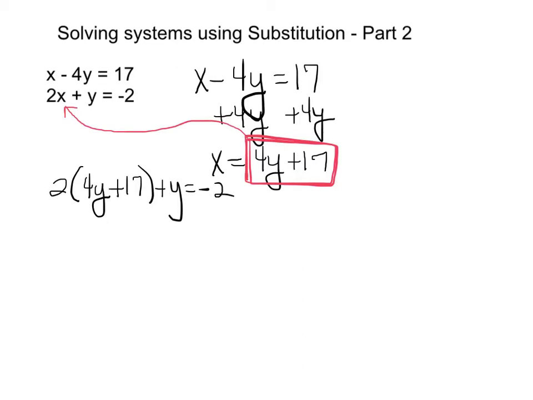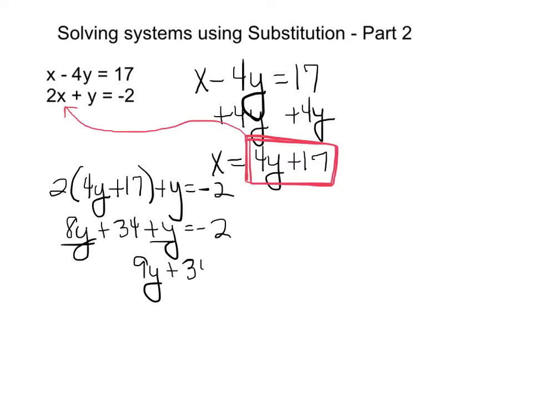Distribute. 2 times 4y is 8y. 2 times 17 is 34. Plus y equals negative 2. Combine like terms, 8y and 1y is 9y plus 34 equals negative 2.